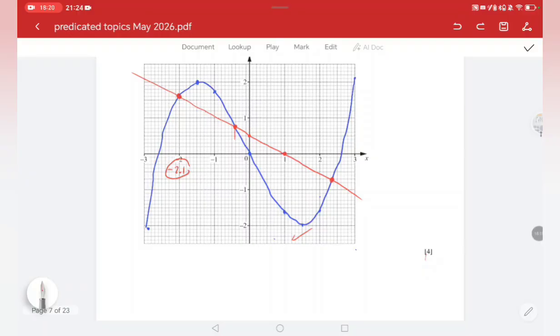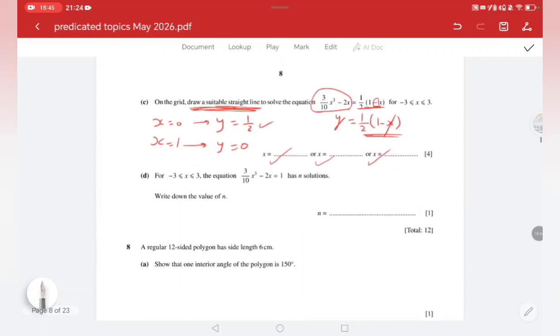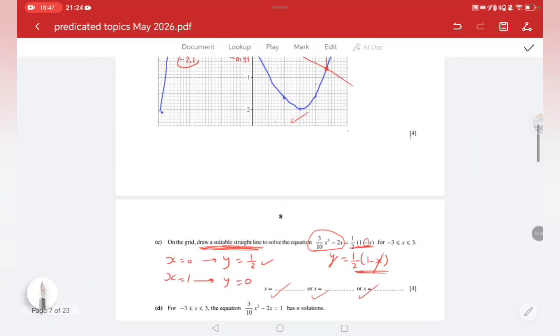So this one is approximately -0.45. Okay, what else do we have? This one is here, before 2.5. So this one looks like 2.2 or 2.3. Okay, 2.2.